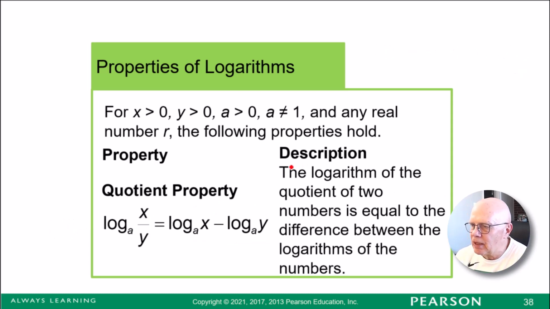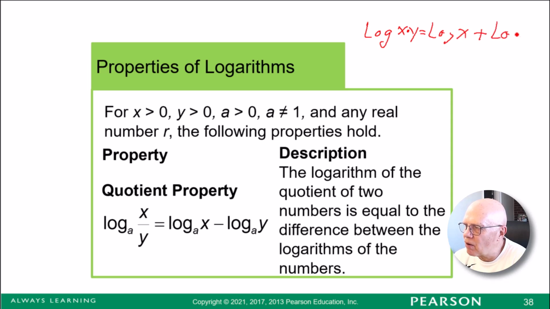Second, now remember, just for reference, log of xy, remember it's multiplication, equals log of x plus the log of y. That's when we're multiplying. Dividing, we're doing a bit of the opposite.